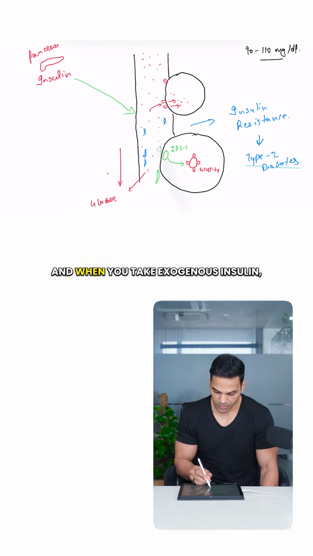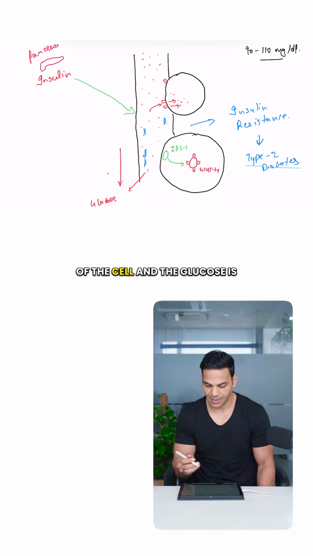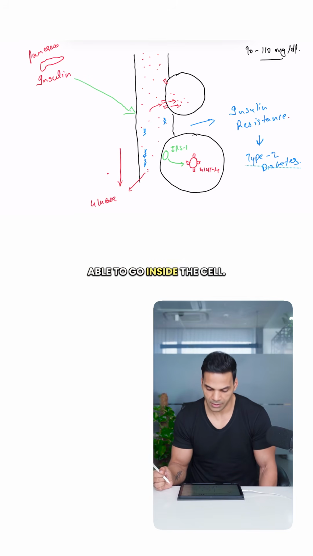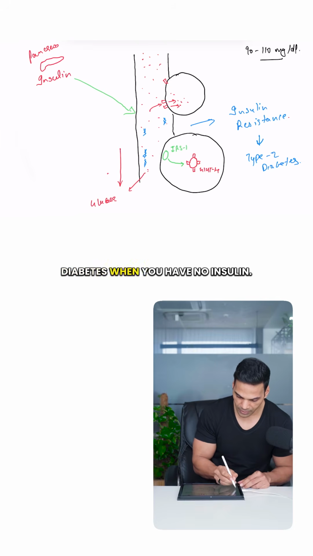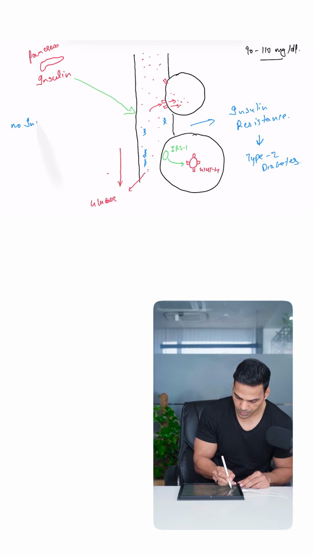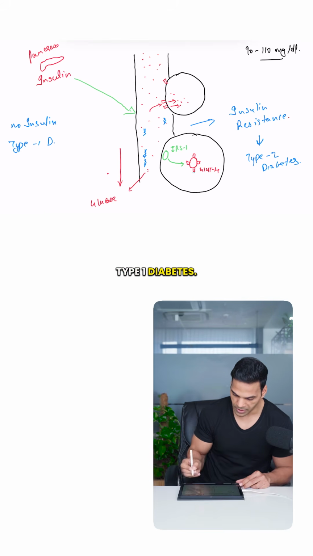And when you take exogenous insulin, it binds to the receptors of the cell, and the glucose is able to go inside the cell, right? So that's referred to as type 1 diabetes. When you have no insulin, type 1 diabetes.